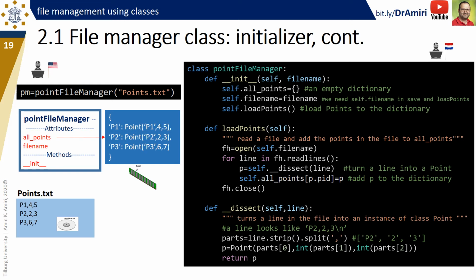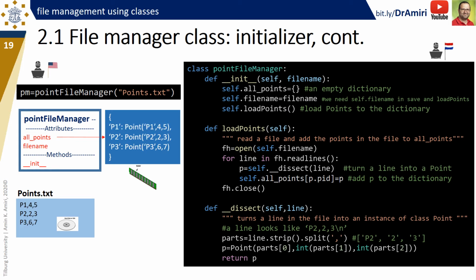So obviously I need to start with opening the file and then reading it line by line, and then turn each line into a point. Each line is a string, which starts with, for example, P1, comma, 4, comma, 5, and I need to turn that into an item to be added to the dictionary.